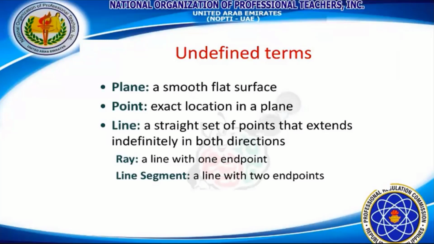Line is a straight set of points that extends indefinitely in both directions. So a line with one endpoint is what we call as ray. Line with two endpoints is what we call as line segment. Okay? Line segment pag may dalawang point kasi nahati, kumbaga segmented siya. Pero kung isa lang ang endpoint niya, we call it as ray.